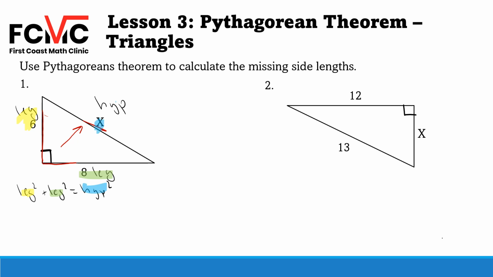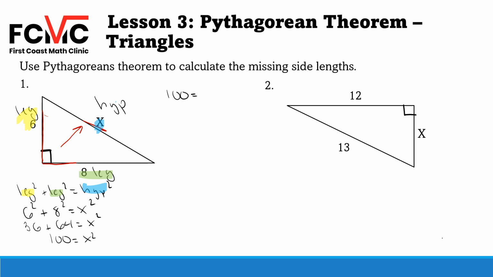So we'll get 6 squared plus 8 squared equals x squared. Now, order of operations, we've got addition and exponents. We want to do the exponents first, so we'll get 36 plus 64 equals x squared, and then we get 100 equals x squared. All right, so let's do the rest of this up here.